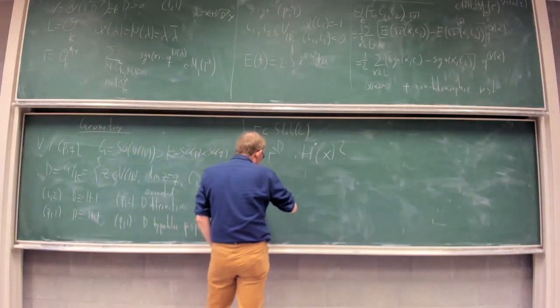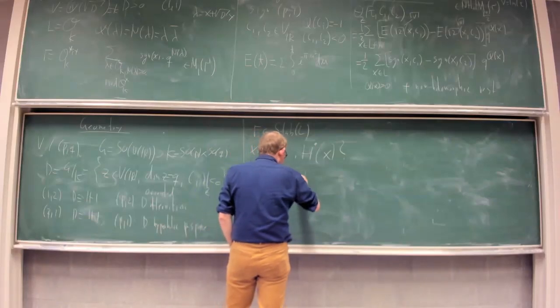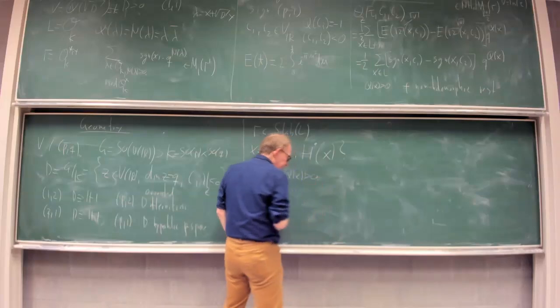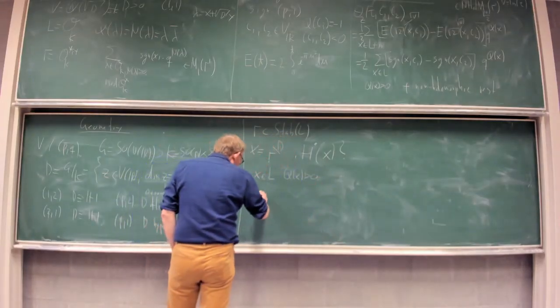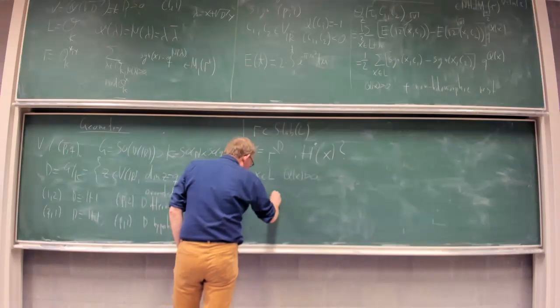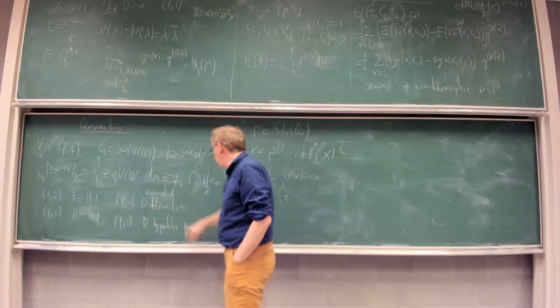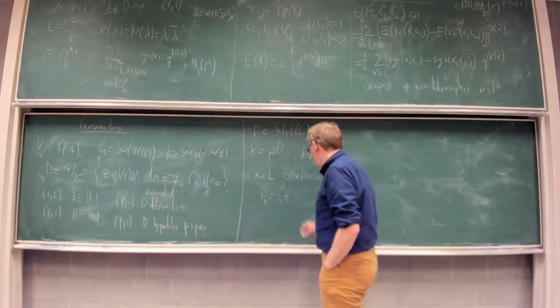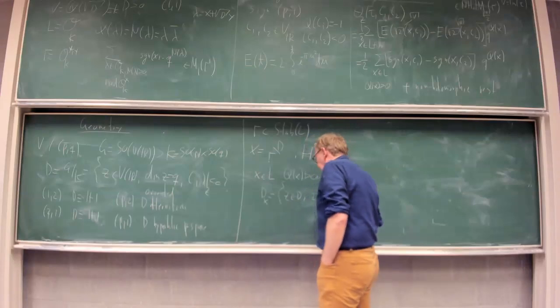So I take a vector x in L which has positive length, and I define D_x to be all my negative q-planes which are perpendicular to x.